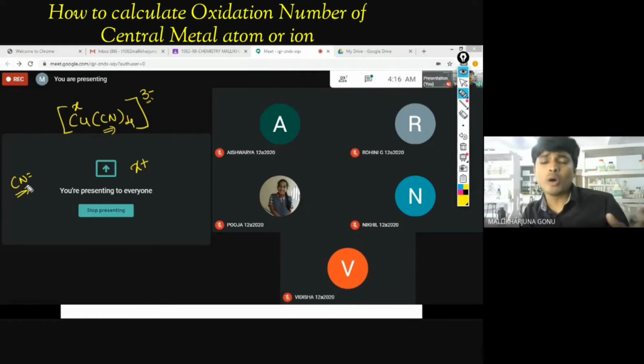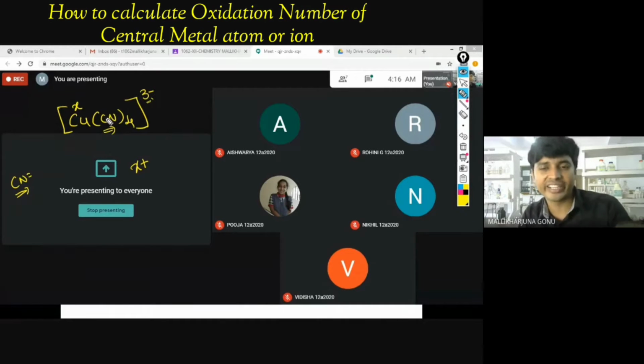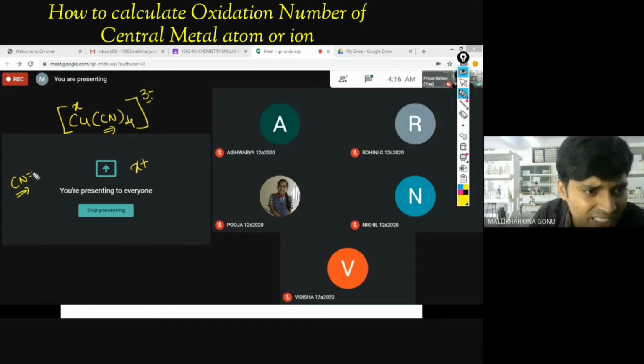When coordination compounds are forming, these ligands can be negative, positive or neutral. In our syllabus, only negative and neutral are discussed. When you go to higher studies, you will study positive also. Maximum are negative or neutral. CN has a valence of minus 1. All of you take it down. OH, for example, is minus 1.